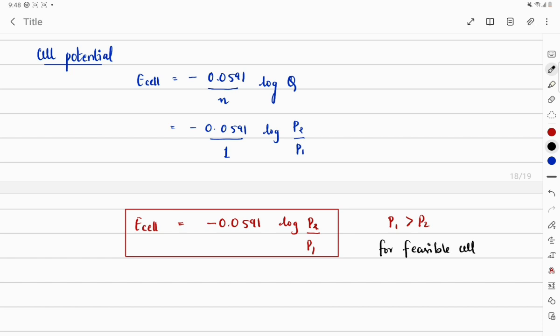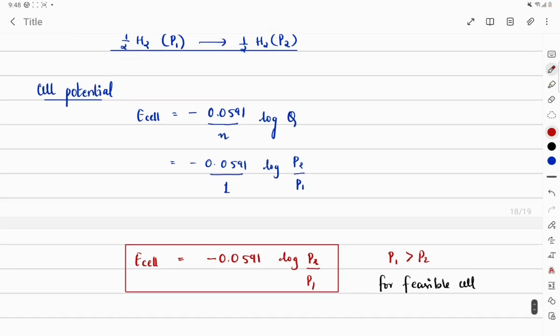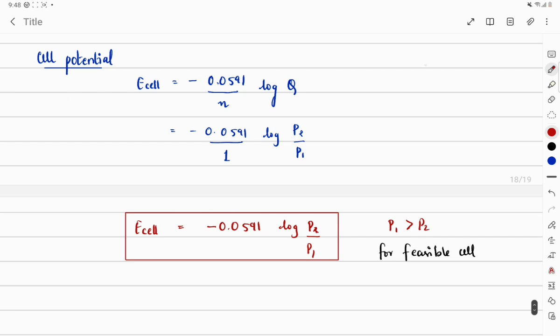There is some slight addition here. Because our hydrogen has the stoichiometric coefficient of half, pressure terms should be raised to that power, right? While writing Q, we know that for a reaction, say, A giving B, Q will be concentration of product raised to stoichiometric power divided by concentration of reactant raised to stoichiometric power.